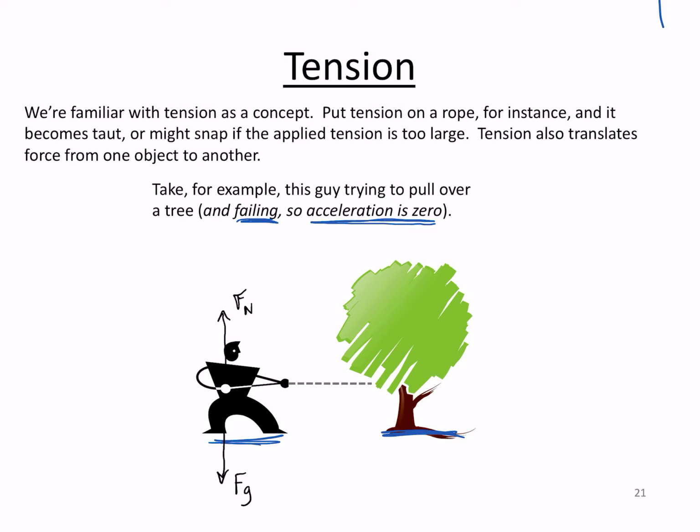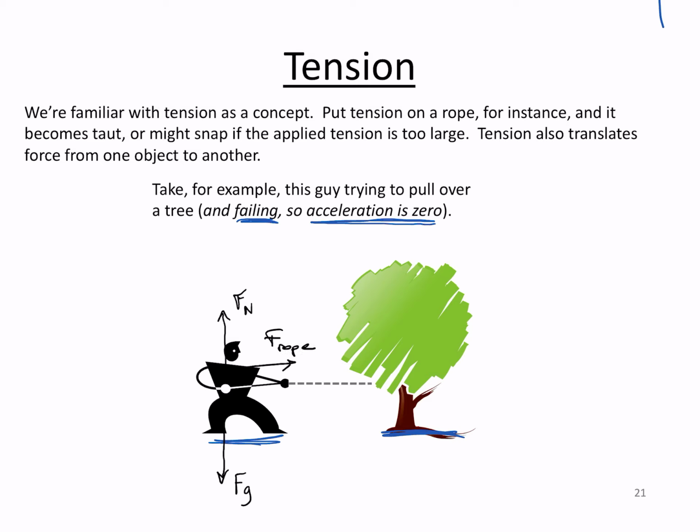And then what else? Well, he's certainly hauling on the rope, and so the rope is going to haul back on him. Equal and opposite third law pair. And so for him, we would have a force of, let's just call it F rope.